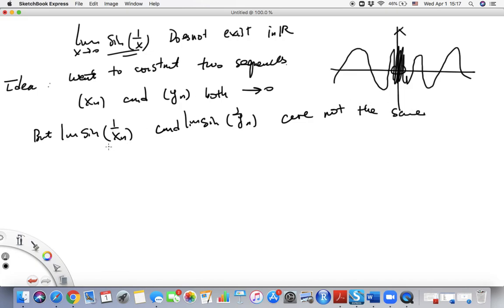If the limit exists, since both xn and yn go to 0, that means xn and yn are very close. So if the limit exists, then these two limits have to agree. Okay? All right.